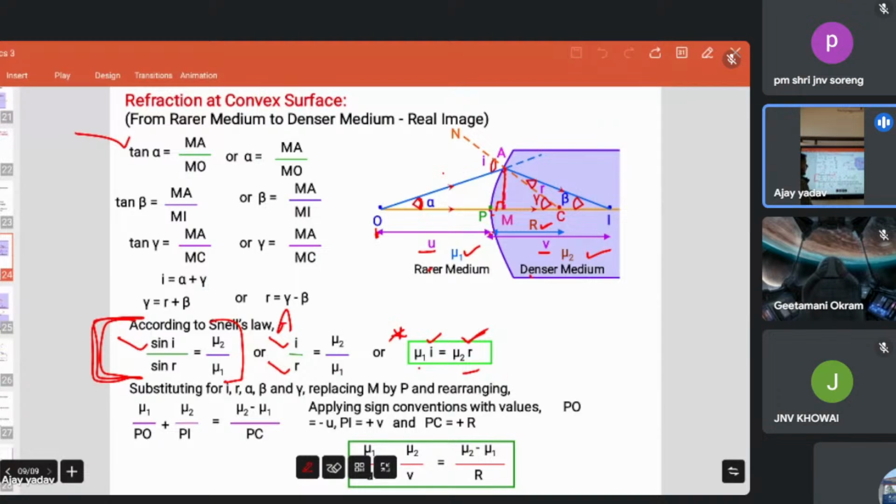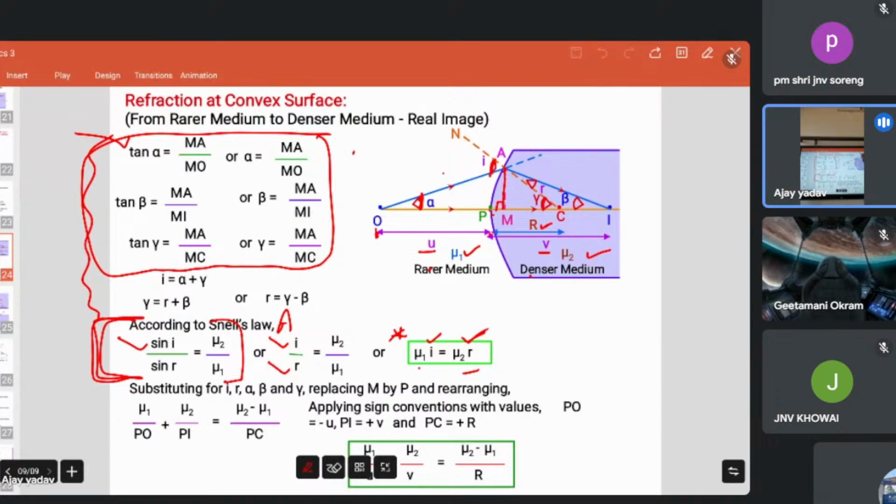For the values of I and R, we could take tan alpha and tan beta, but there is no need to write these. Why? Because this is the angle I at A, this is the angle alpha, and this is the angle gamma.